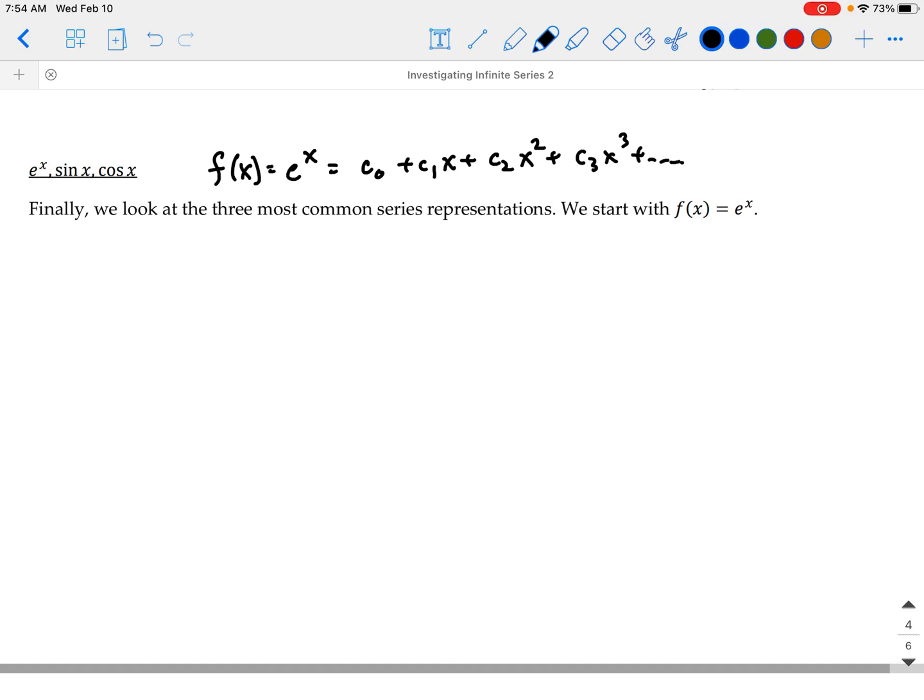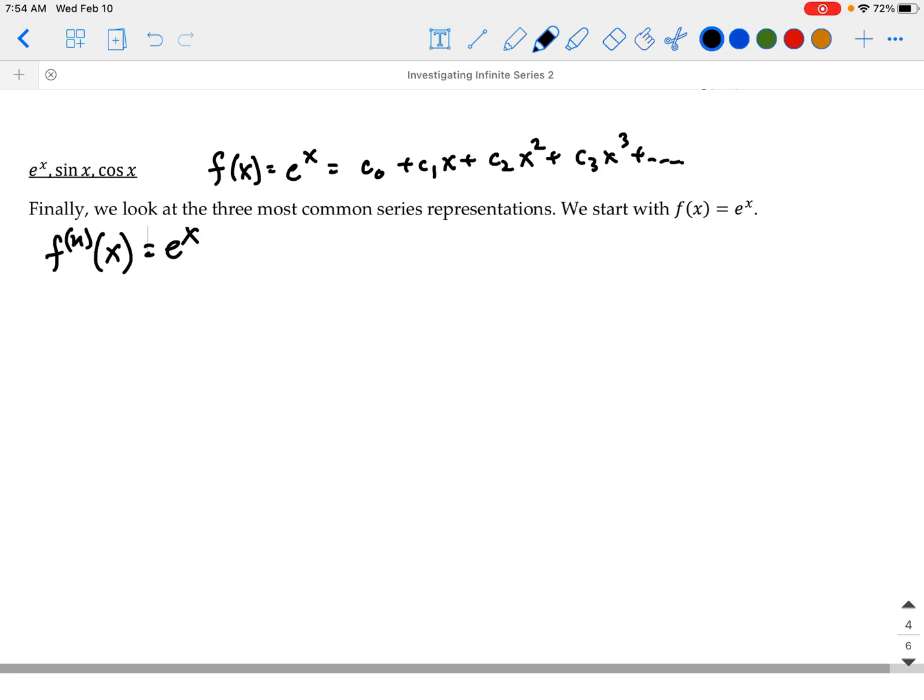So what we're going to look at is the derivatives, and this one's the nicest because the derivative of f of x, or the nth derivative, I guess, of f of x, is e to the x, right? So every derivative is just e to the x.